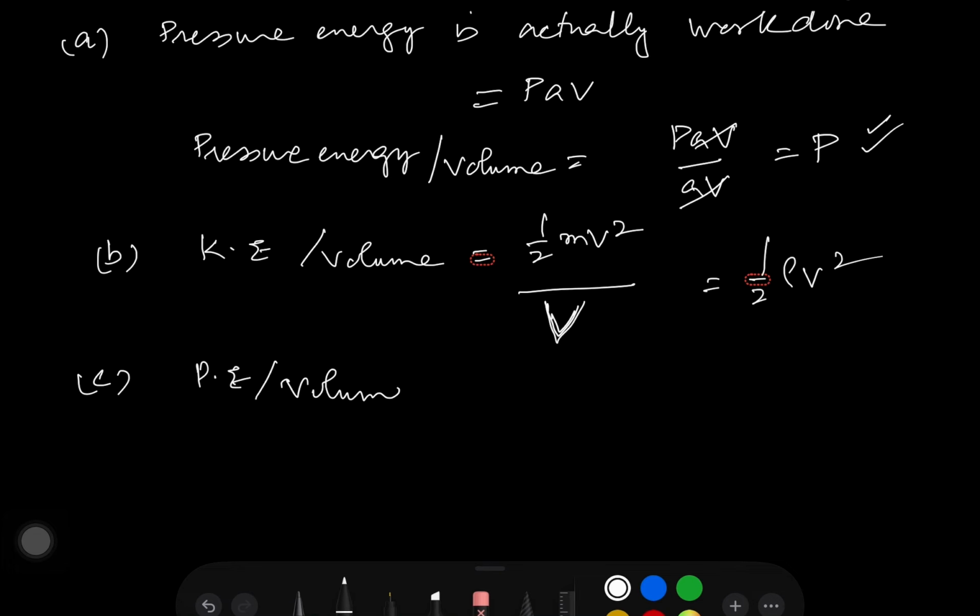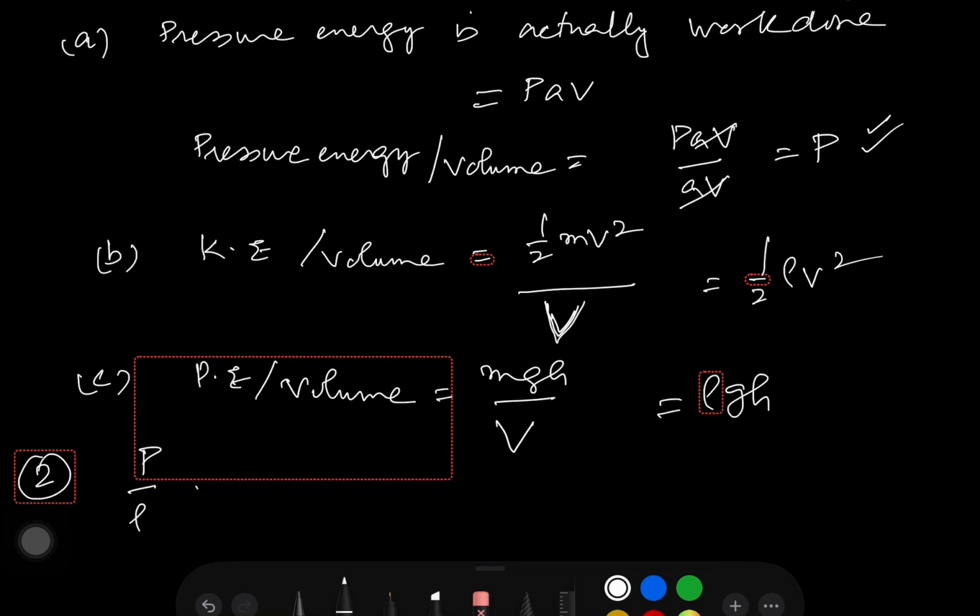So here it comes kinetic energy per unit volume. See, potential energy per unit volume. Potential energy is mgh, and when you divide it by volume, what you will get? Rho gh. So P stands for pressure energy per unit volume, half rho V square stands for kinetic energy per unit volume, and this rho gh stands for potential energy per unit volume.